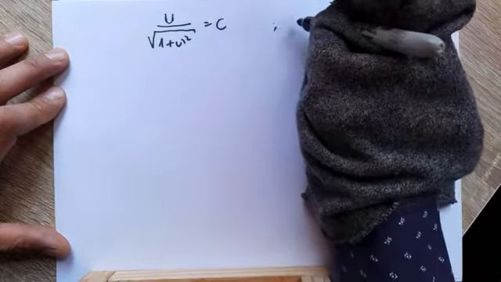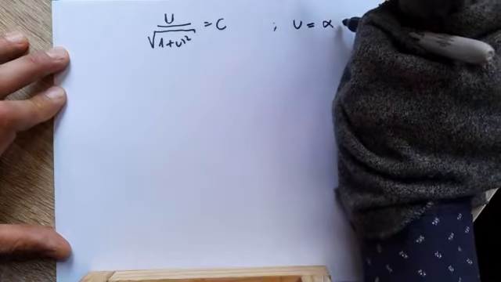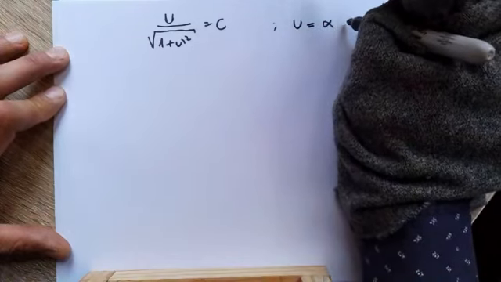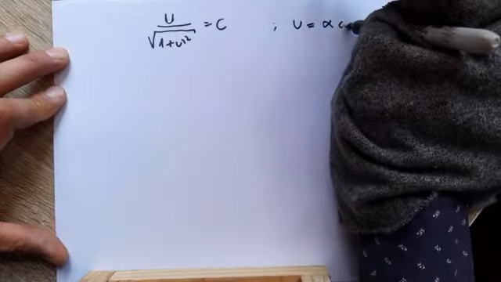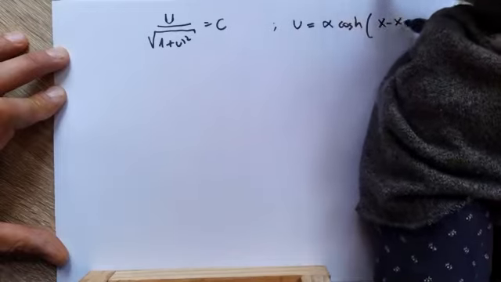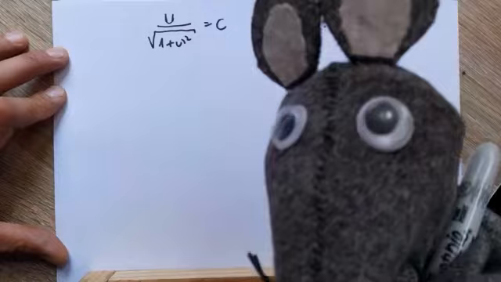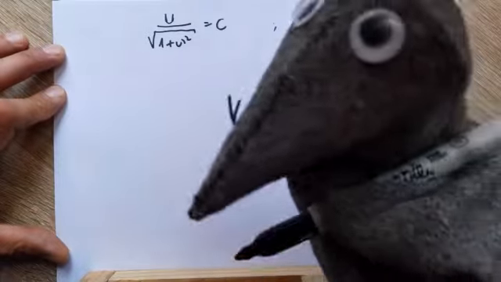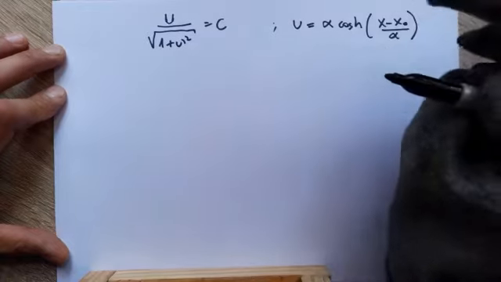We can check that u equals alpha, with alpha constant, times hyperbolic cosine of (x minus x0) over alpha is a solution to this equation. So let's check.